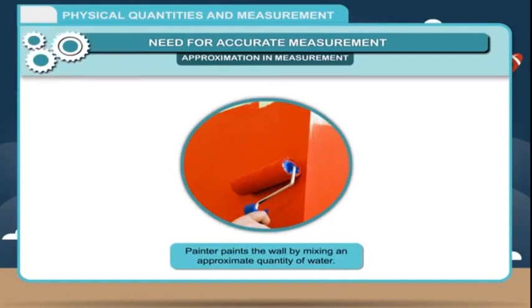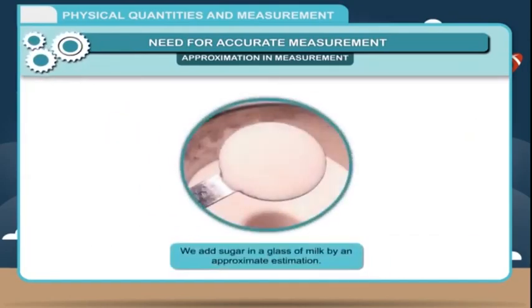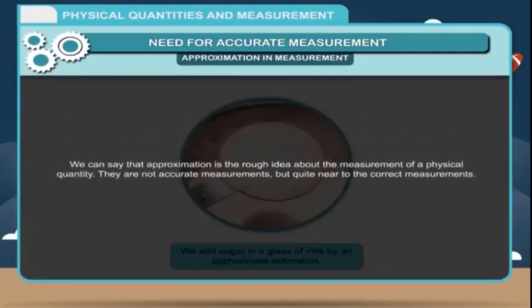A painter paints the wall by mixing an approximate quantity of water. 3. We add sugar in a glass of milk by an approximate estimation. Hence, we can say that approximation is the rough idea about the measurement of a physical quantity. They are not accurate measurements, but quite near to the correct measurements.